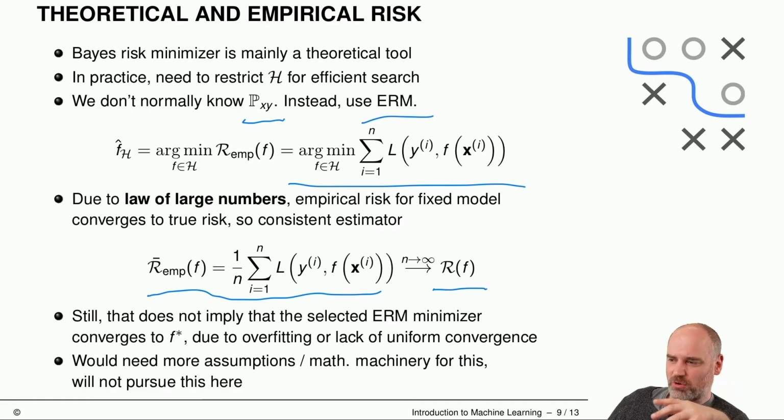So we need a few more assumptions on our hypothesis space, and we would also need a little bit more mathematical machinery to describe these things. So this would be content of a more theoretical statistical learning lecture. I don't want to go into this here now. I will not pursue this line of reasoning much further, but I want to mention it a little bit.